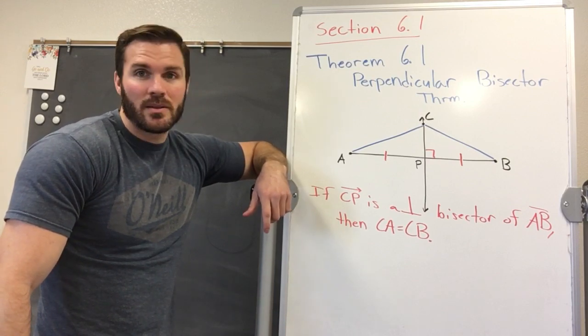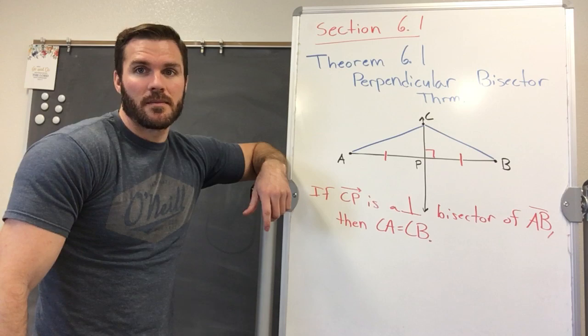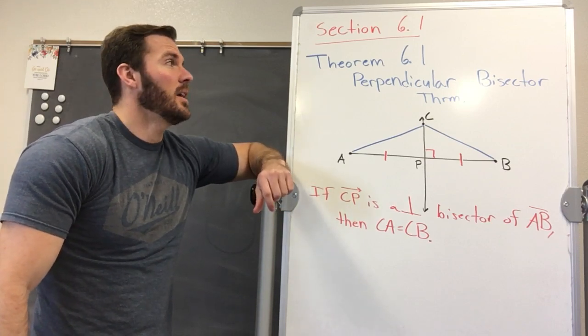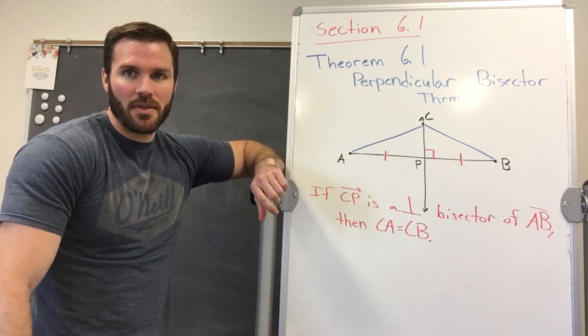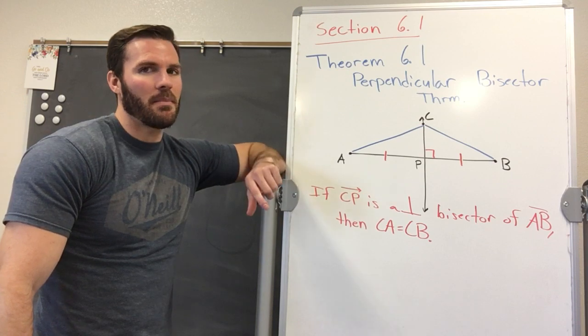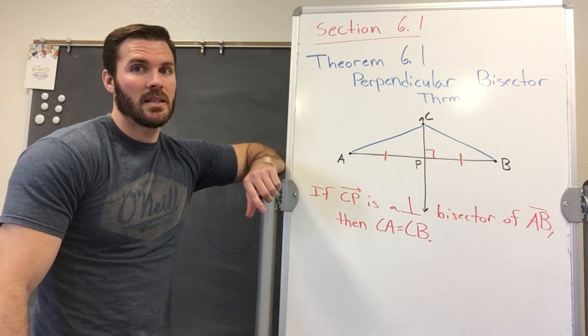This is going to be the beginning of chapter 6. Okay, so 6.1, and this is theorem 6.1, perpendicular bisector theorem. You've heard a little bit about bisectors. Now we're really going to get into them.